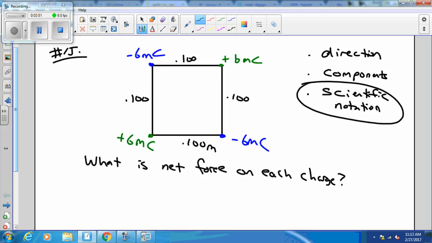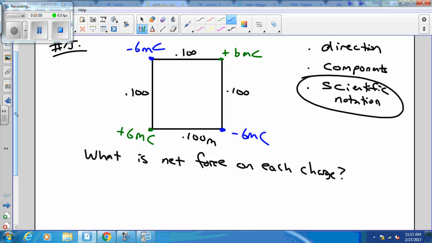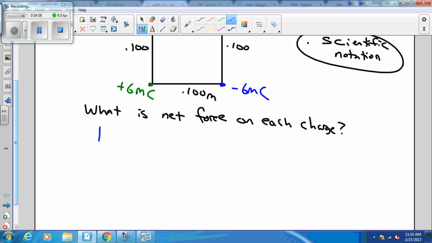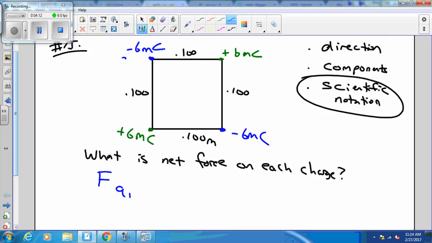With that in place, now let's tackle this guy right here. Okay. So we're going to start with the charge at the top left just because it's at the top left. And we're going to say that the force on that charge up at the top left, let me call that guy Q1. And we'll go around the horn here.